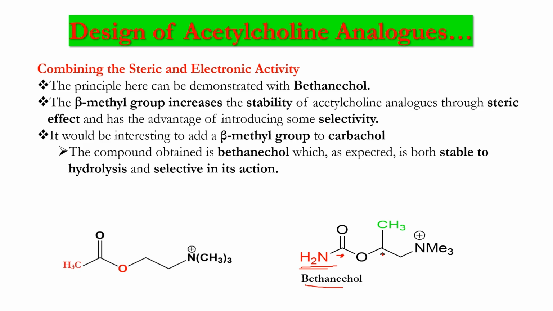Besides that, like methacholine, it contains a methyl group at the beta site of the molecule. This also brings stereochemistry, and having the methyl group on the beta site makes the molecule highly selective for the muscarinic effect. So bethanechol has both characteristics. Because of the amine group, it shows the electronic effect, and because of the methyl group, it brings a shielding effect since it is near the carbonyl carbon.